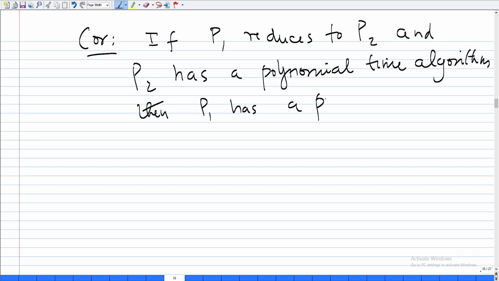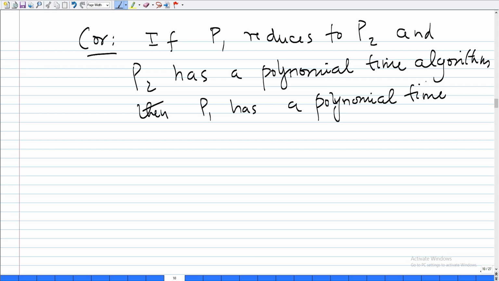This is why the reduction is defined this way. What is the polynomial time algorithm for P1? I take my input for P1, and because P1 reduces to P2, there is some function which will translate this input. Apply that polynomial time algorithm, which will take the input for P1, translate it to an input for P2, then run the algorithm.